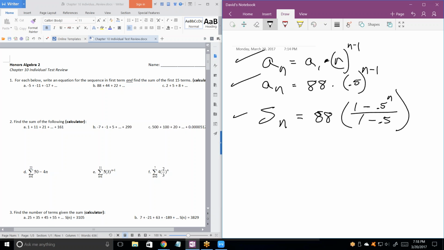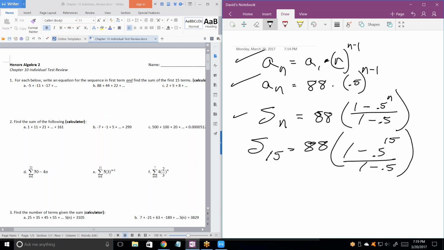All I need to do is plug in 15 here. So S sub 15 equals 88 times 1 minus 0.5 to the 15th power all over 1 minus 0.5.